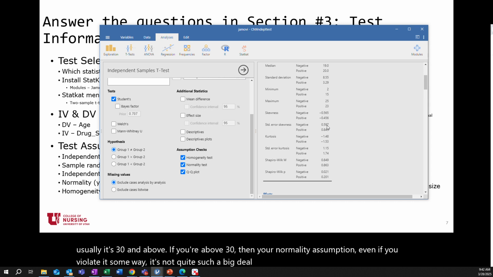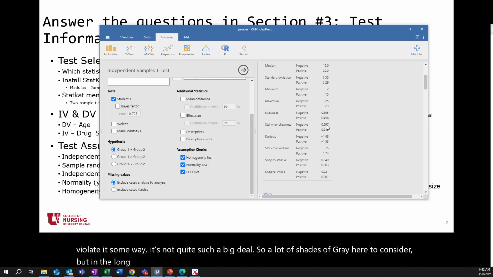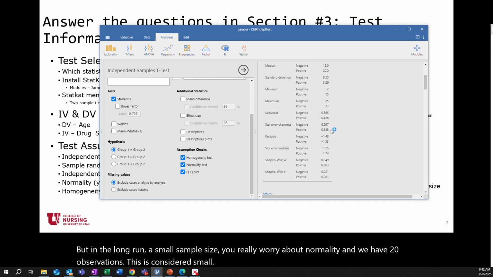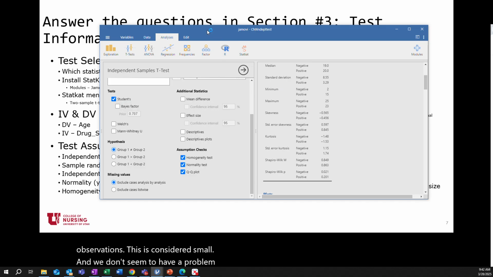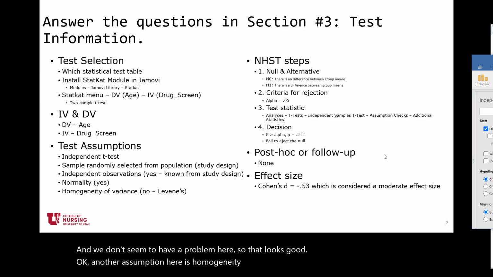So a lot of shades of gray here to consider. But in the long run, a small sample size, you really worry about normality. And we have 20 of the observations. This is considered small, and we don't seem to have a problem here. So that looks good.